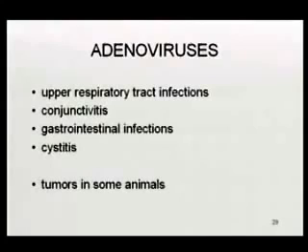So you see upper respiratory tract infections, conjunctivitis, GI tract infections, cystitis. And in animals, they can cause tumors, but again, fortunately, as far as we're currently aware, they don't cause human tumors. But we have a lot of adenoviruses, and you're going to be hearing about those later on.